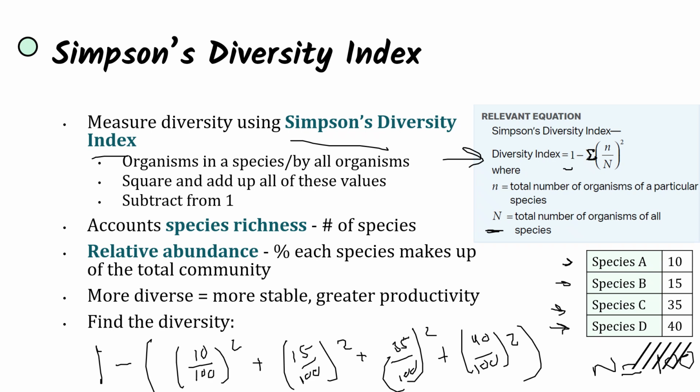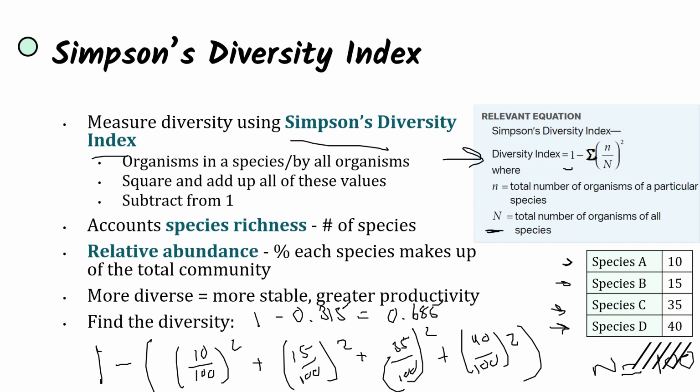So when we do this calculation, when we simplify all this math using a calculator or your brain, we get 1 minus 0.315, which results in an answer of 0.685. And Simpson's diversity can range from 0 to 1, with 1 being the most diverse and 0 being the least diverse. So we have a fairly diverse population here with a diversity index of 0.685.